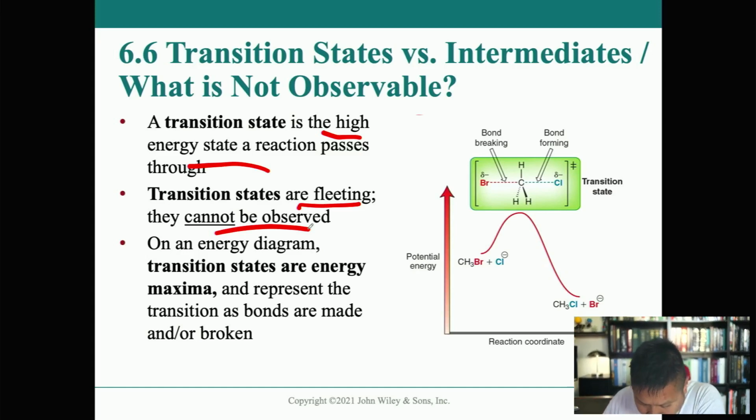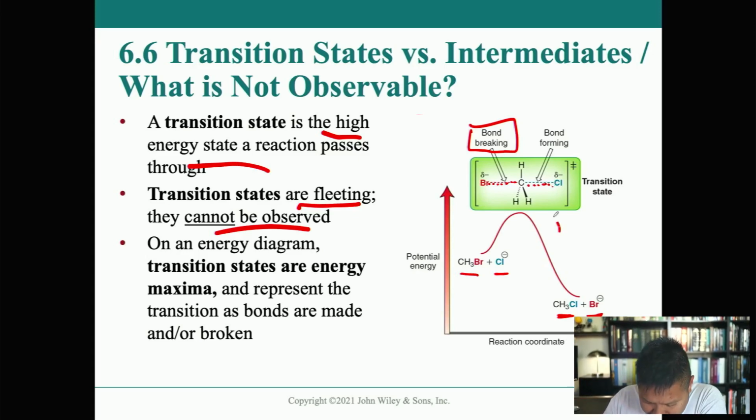A transition state here is between bromomethane and chloride to make chloromethane and bromide. What's happening at this transition state is literally this: the bond between bromine and carbon is breaking, that's what those dotted lines are, and the bond between chlorine and carbon is forming.